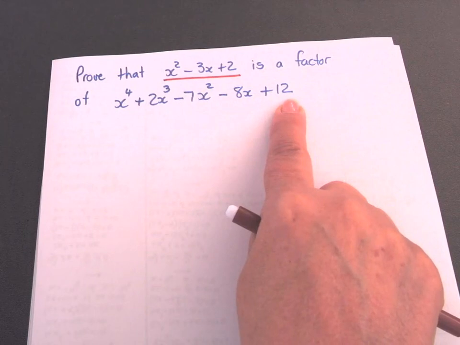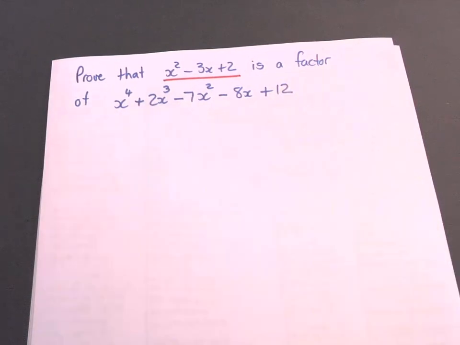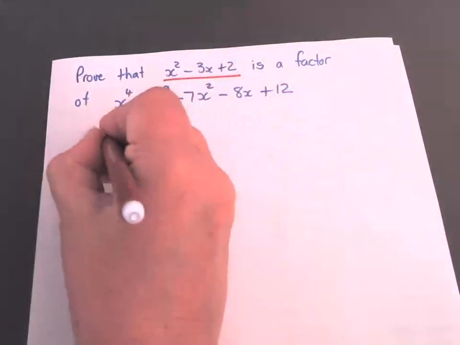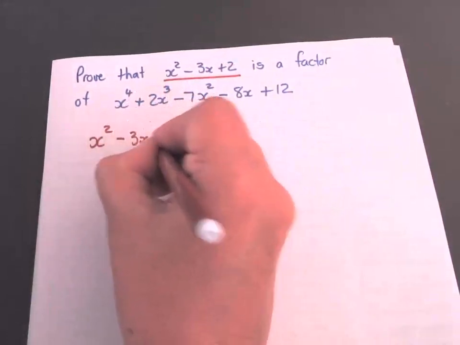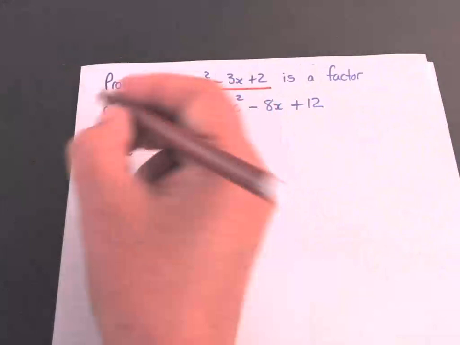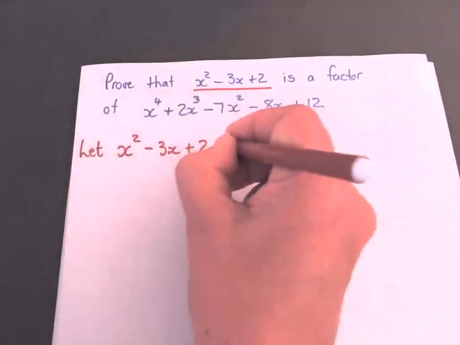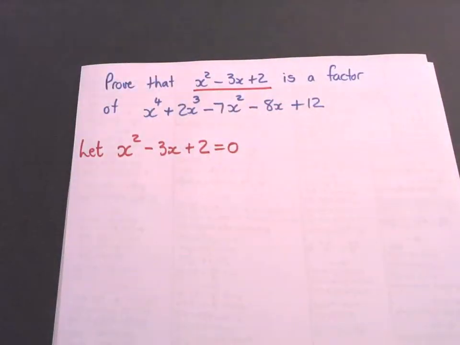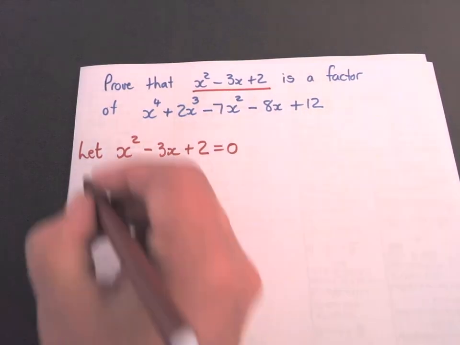And what must I get? 0. Alright, so let's take the trinomial x squared minus 3x plus 2, and we say, let that be equal to 0, so that I can get the factors.